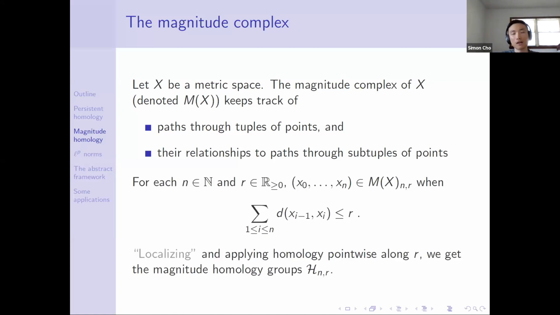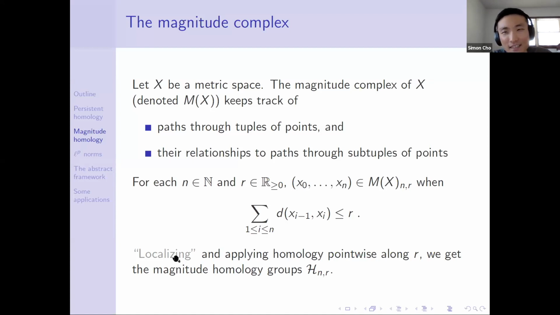Okay, so how do you actually construct this? Well, for each n and r, a tuple is a simplex of the magnitude complex if it satisfies this requirement: the sum of their successive distances is less than or equal to r. There's one more thing we need to do that I call localizing.